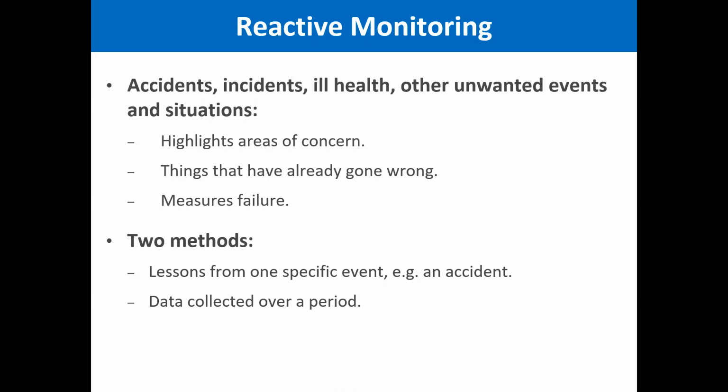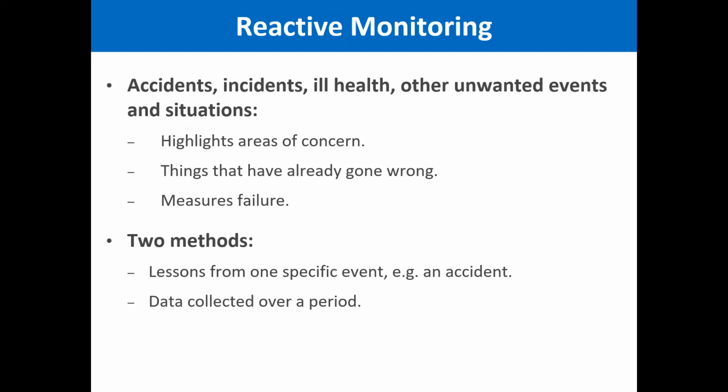So you will get to know what kinds of accidents are happening, what the most common causes of accidents are, and then you can understand how things are happening and what is causing those accidents, and how you can improve on this. So reactive monitoring highlights the areas of concern, and it can be done for things that have already gone wrong. And it measures failure as well.